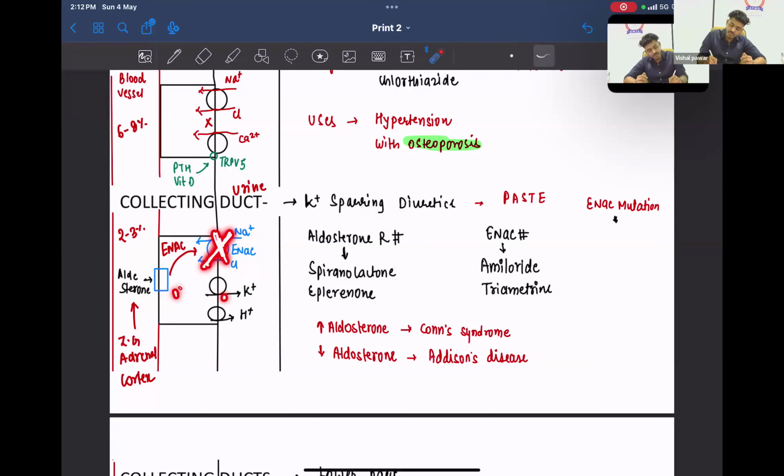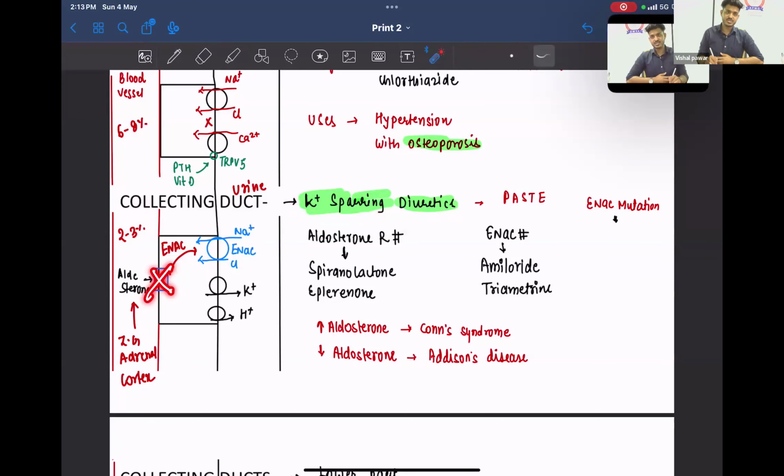Do you think we are going to lose potassium? No. If sodium is not coming inside, no need to send potassium and H plus outside, right? If potassium is not going outside, these are known as potassium sparing diuretics. You have studied about potassium sparing diuretics, right? So these are going to be the potassium sparing diuretics.